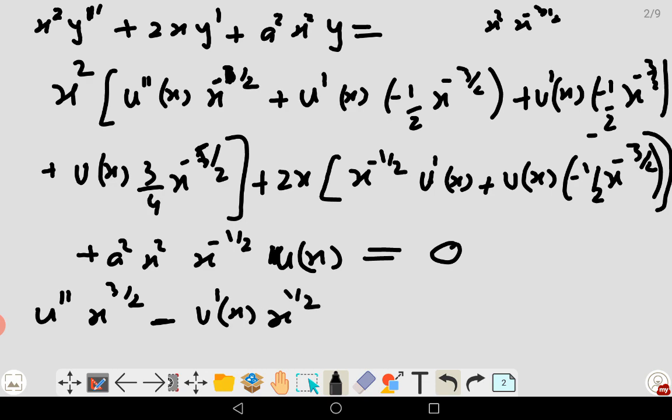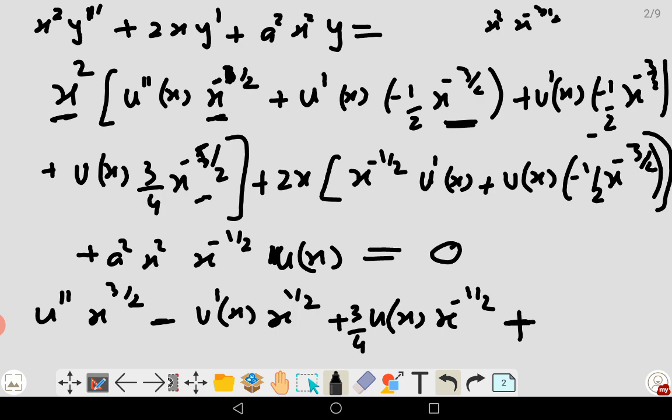The last term is u of x into 3 over 4, u of x into x power minus 5 by 2 into x square, 4 minus 5 minus 1 by 2, x power minus 1 by 2. This x square is multiplied here with this x power minus 3 by 2. Then things are changing like this. And this is the first three terms for this one.